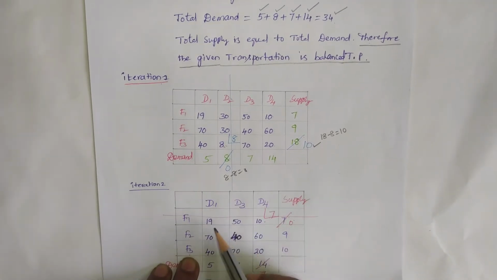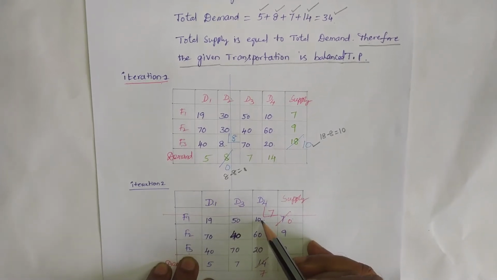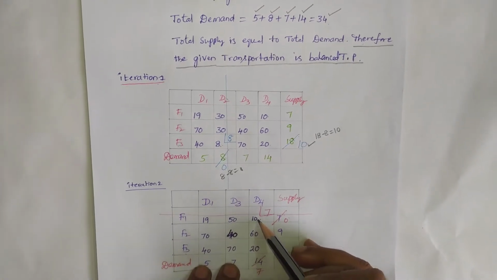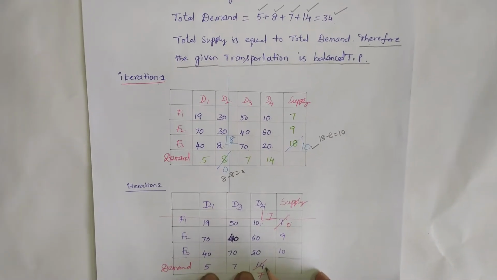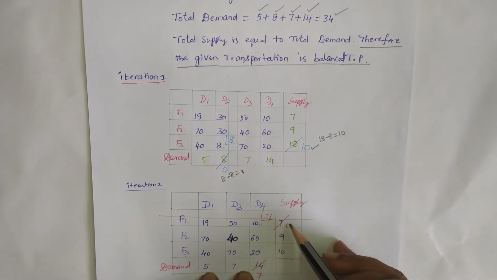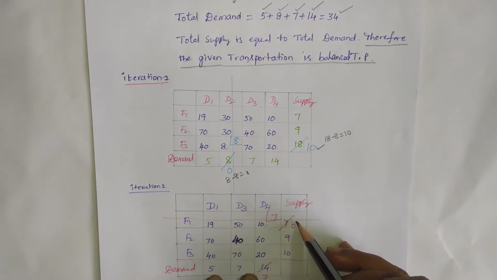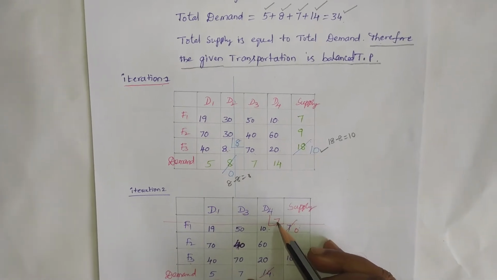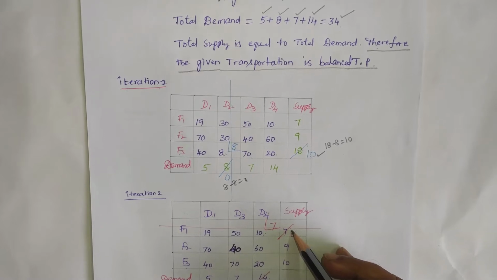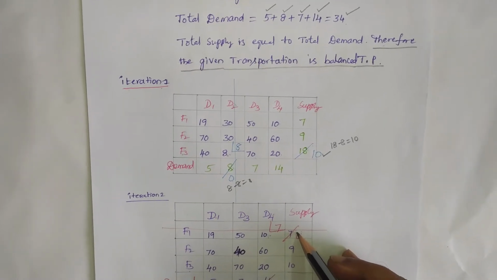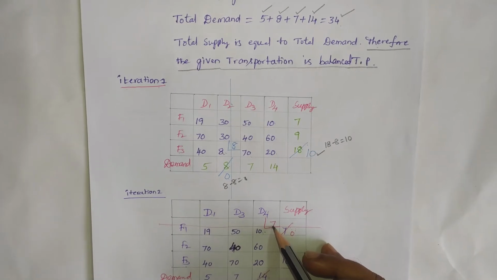Once again, among all the cells, 10 is the least cost cell. The requirement or demand is 14 units and supply is 7 units. So we have to allocate only 7 units to the cell because only 7 units of supply are available.